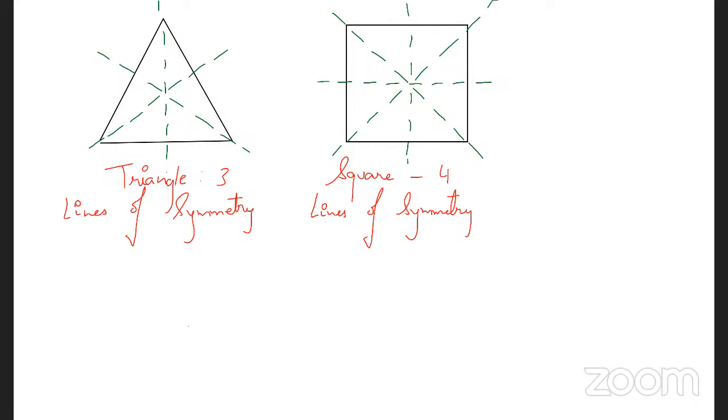Then we have figures which have five lines of symmetry, such as a pentagon. Ma'am, I keep drawing hexagons into the pentagon.